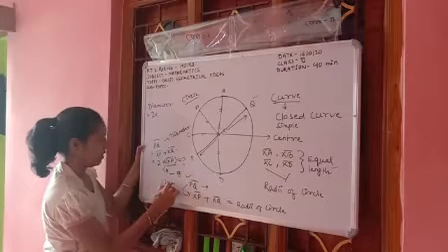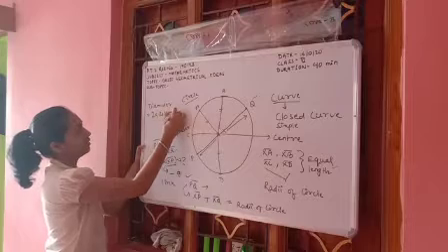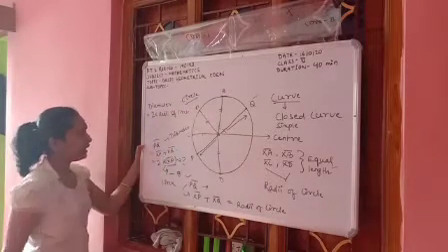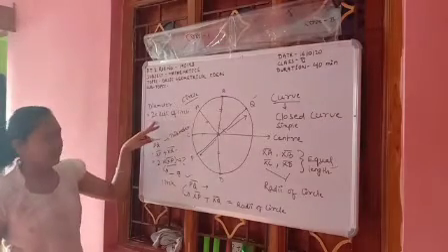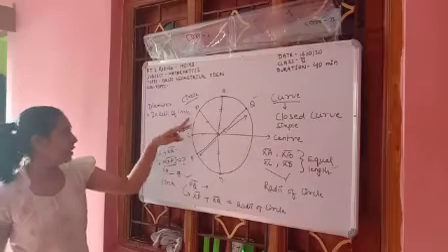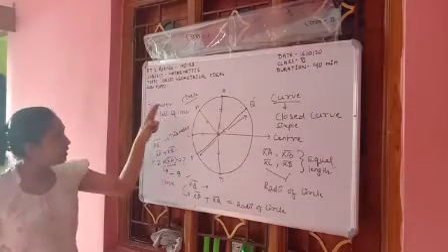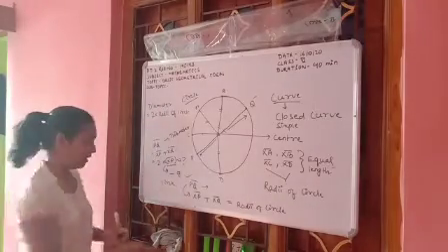Diameter is always equal to twice the radius of the circle. Clear about the diameter and radius? Yes, good.